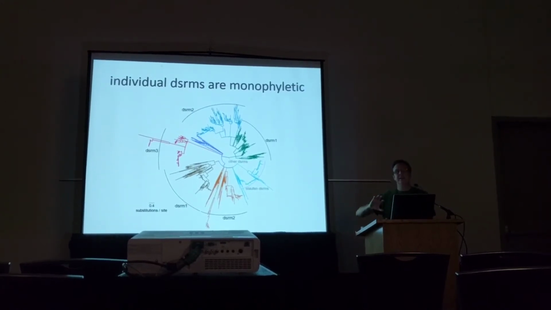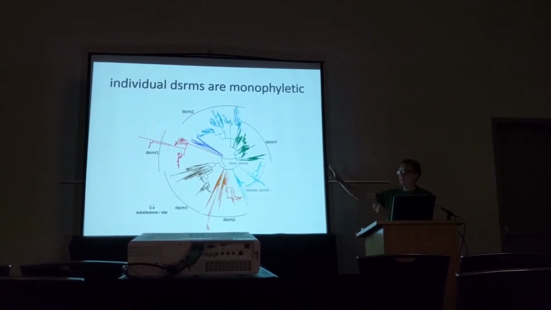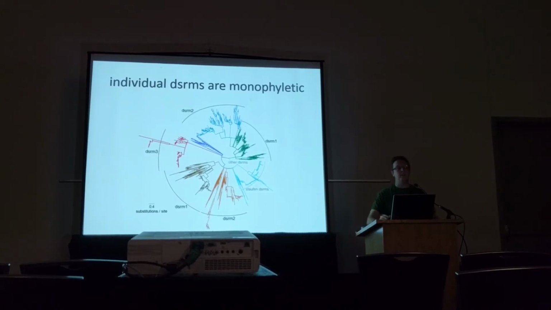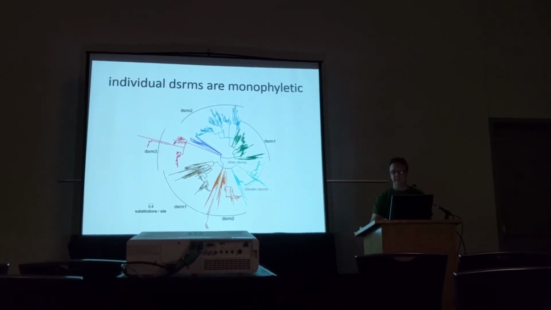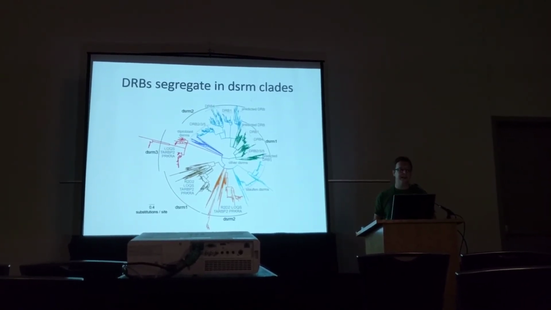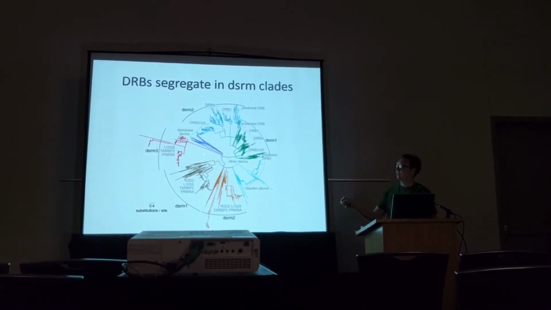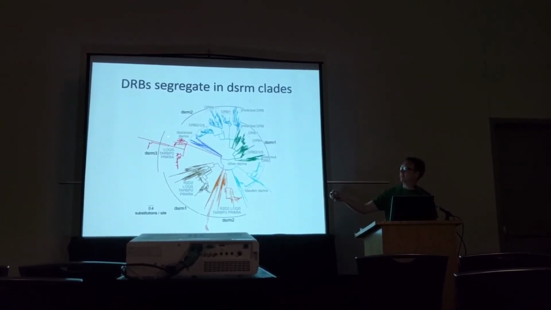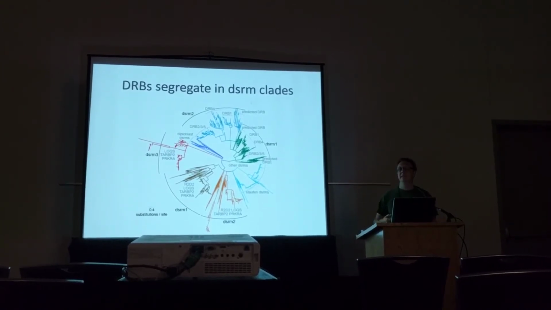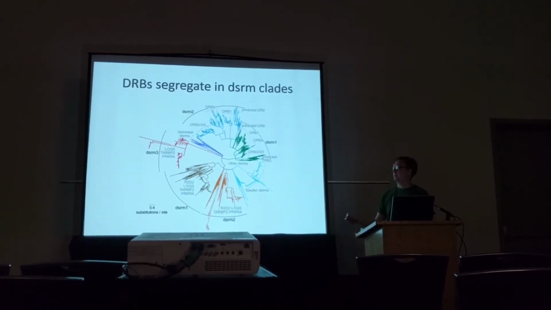And so if we take the gene context and map it onto this phylogeny, we can identify which DRBs these DSRMs came from. When we do that, the DRBs segregate into these DSRM clades. So within animal DSRM3, we see representatives of each of the DRB types.